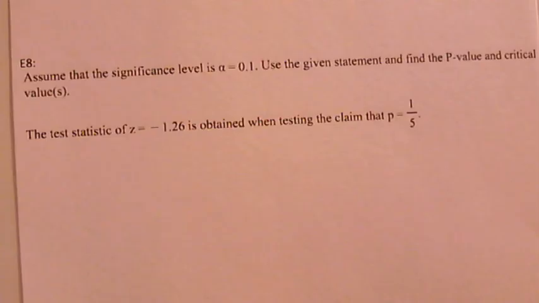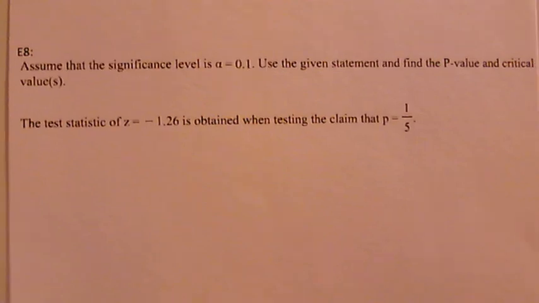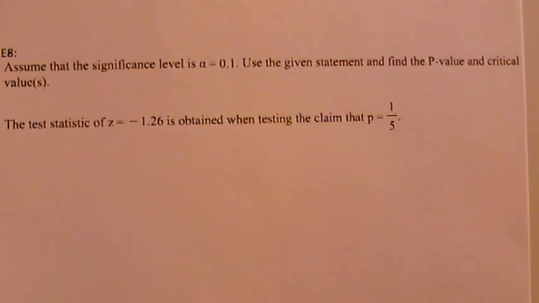Okay, another example would be this. Assume that the significance level alpha is equal to 0.1. Use the given statement and find the p-value and the critical value. Here your test statistic of z is negative 1.26, and it's obtained when testing the claim that p is equal to 1/5.